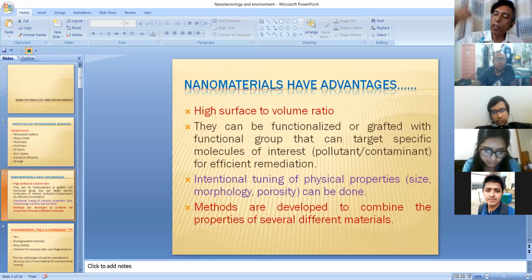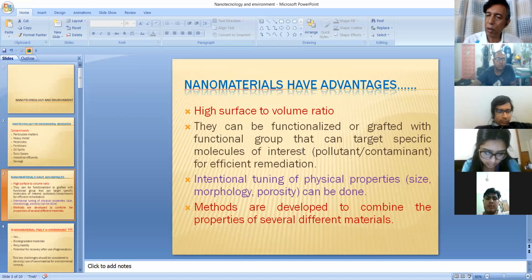So we can specify a nanomaterial to a particular contaminant or pollutant. So it is said to target specific molecules of interest for efficient remediation. All of the copper atoms will go out from the solution. No copper will be present, so I can tell that it is entirely copper free.